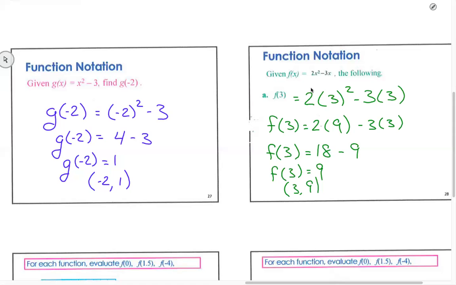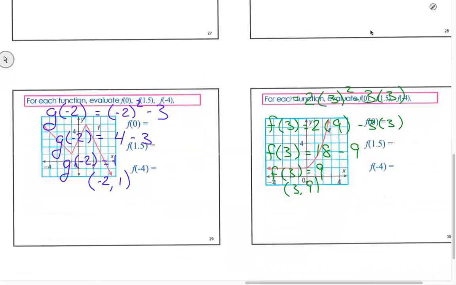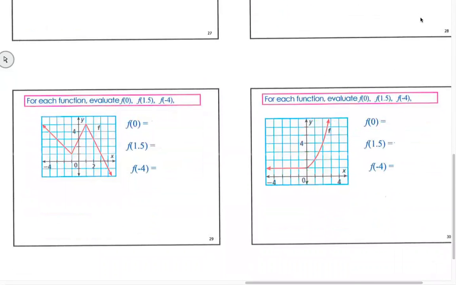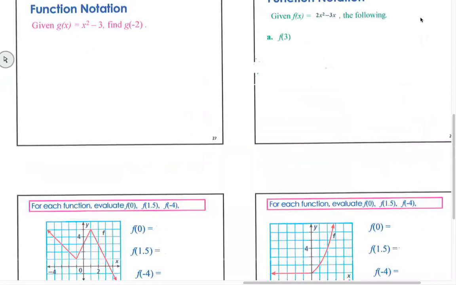Now, the one thing you guys have to know is this. What do I do when it's asking for multiple numbers? There's a couple things I can do. In this case, it's giving me a graph, so it's going to make my life very easy. But if I didn't have this graph, if it was just like, what is g of negative 2, and what's g of 3, or what's g of 4?